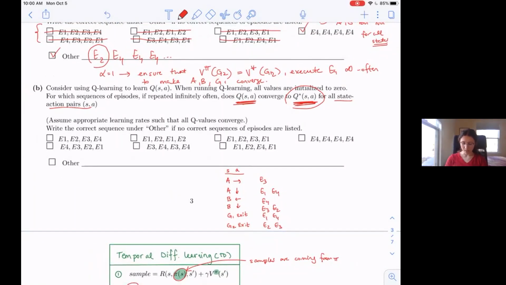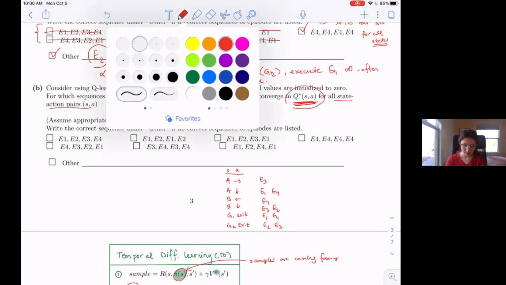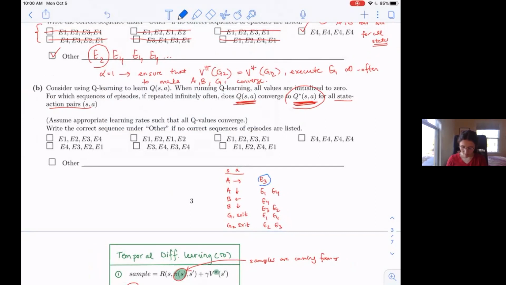Now, looking at this table that we've drawn here, we can already see that we need episode 3 in order to see the state action pair A right, because it doesn't occur in any of the other episodes. And we also know that we need episode 4 because that's the only one that contains B going to the left.